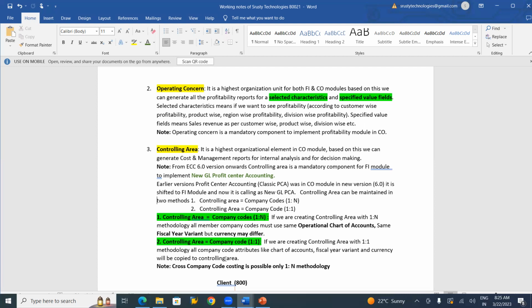Clear? But when we want to generate a legal reporting according to US requirements, for example, my company is in US, then at the time of new GL configuration, we are going to define one more fiscal year for US, that is nothing but January to December.